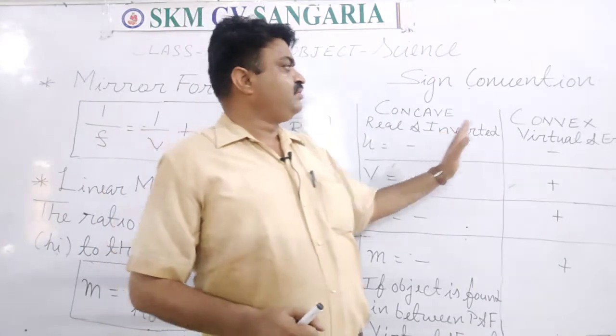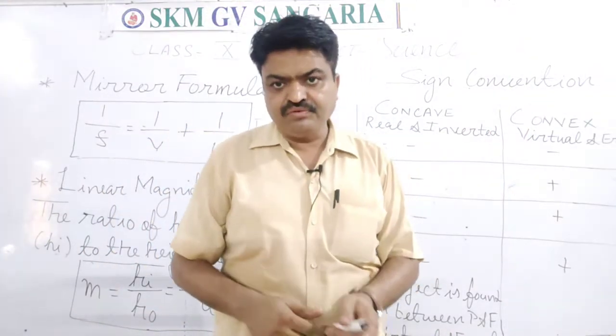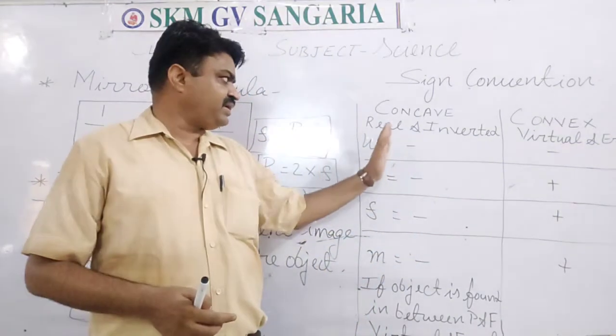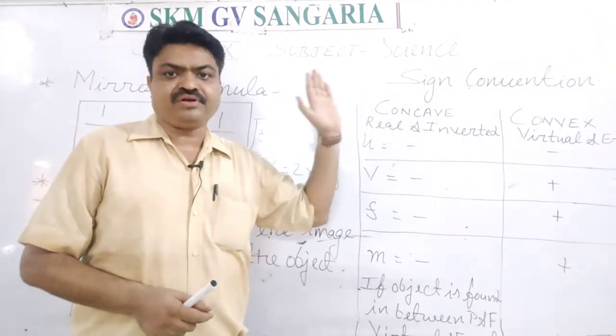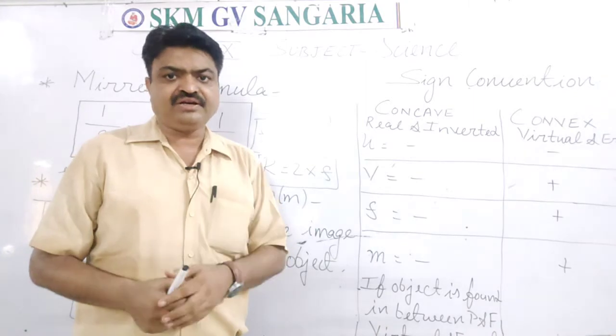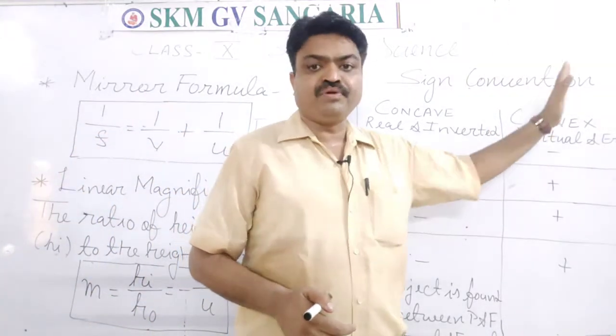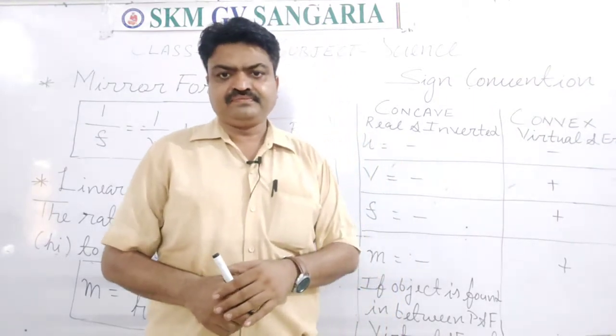And in case of the convex mirror we use the positive sign, student. So in the concave mirror, which sign do we use, student? Negative. And in the convex we use the positive sign.